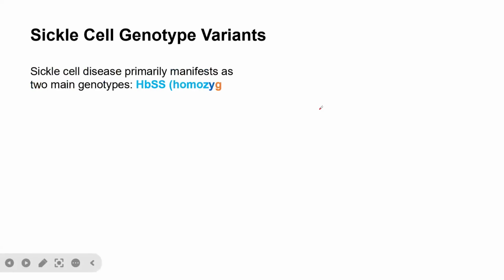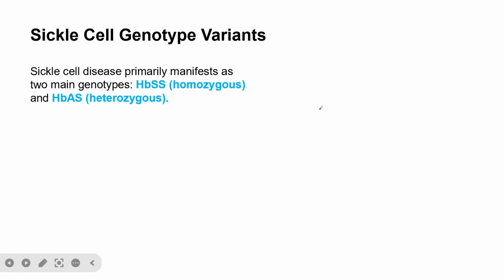So let's see how these are associated. Sickle cell disease primarily manifests as two main genotypes. Generally, the sickle cell disease is found in the homozygous individual, that is hemoglobin SS. HB means hemoglobin. It can also be found in an individual with hemoglobin AS, that is the carrier.